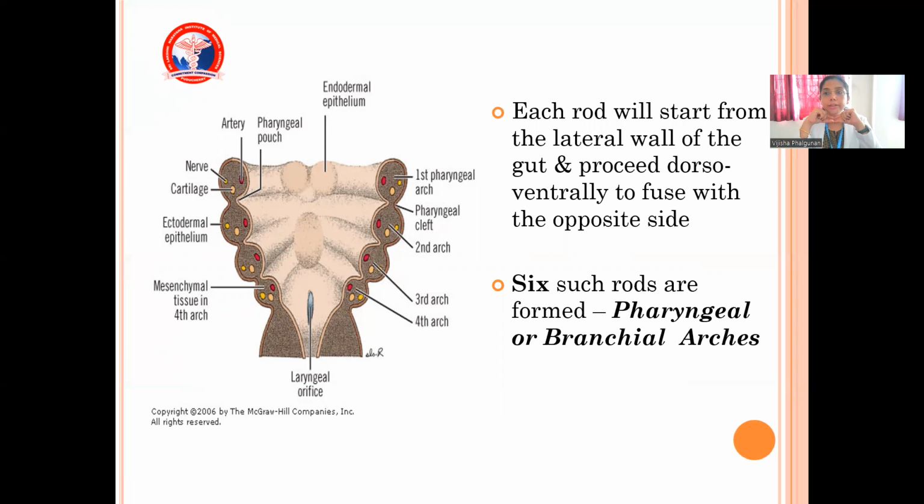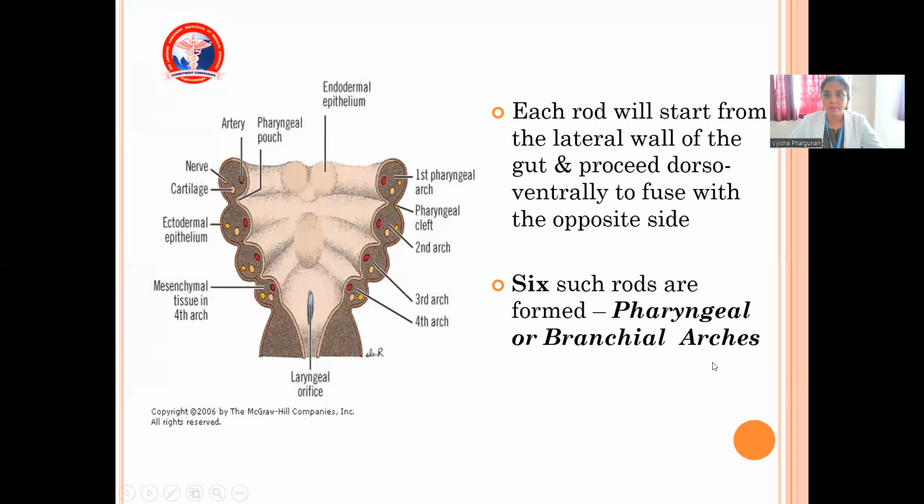This rod-like thickening fuses with each other, so it completely forms an entire arch. Six such rods are formed, which you are going to call pharyngeal or branchial arches.